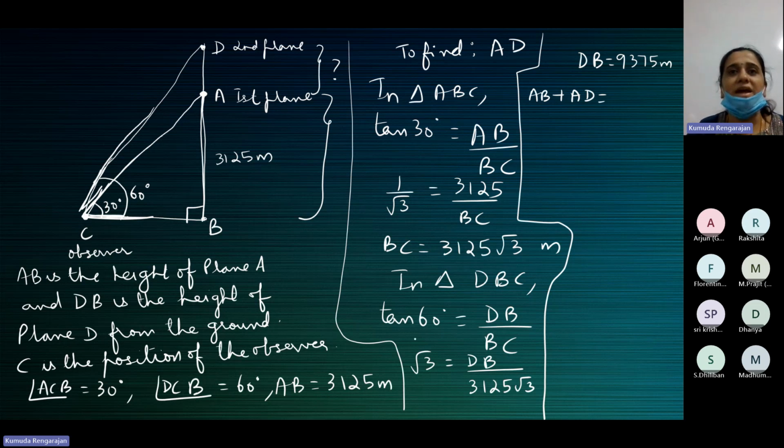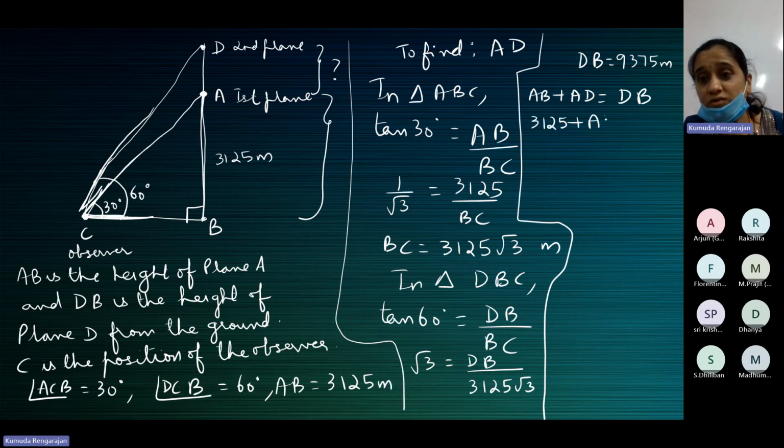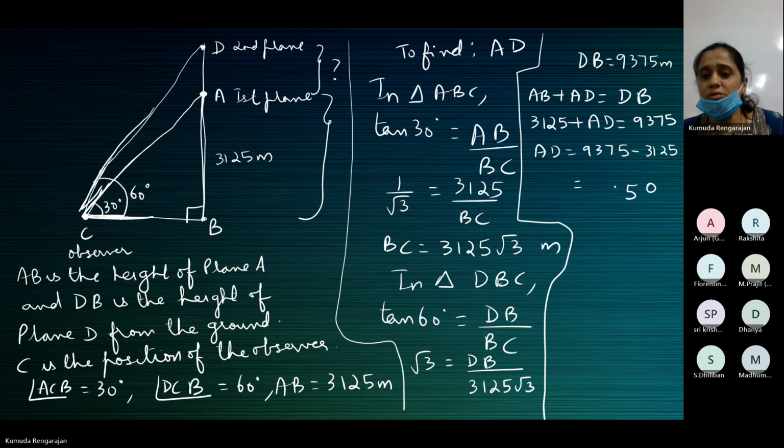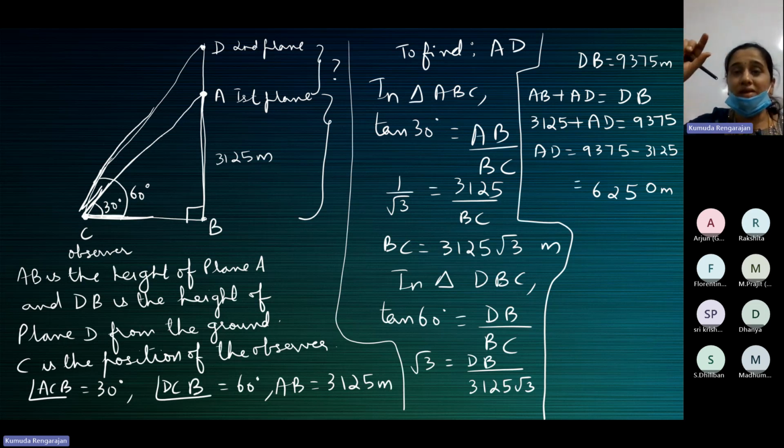AB plus AD is DB. Now what is AB? 3125, already given in the question. Plus AD, which I want to find, is equal to DB, 9375. So AD is equal to 9375 minus 3125, which on subtracting is 6250 meters. So the distance between the two planes at that particular instant was 6250 meters.